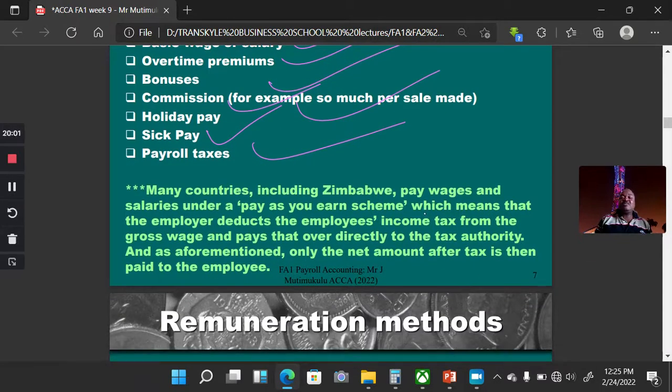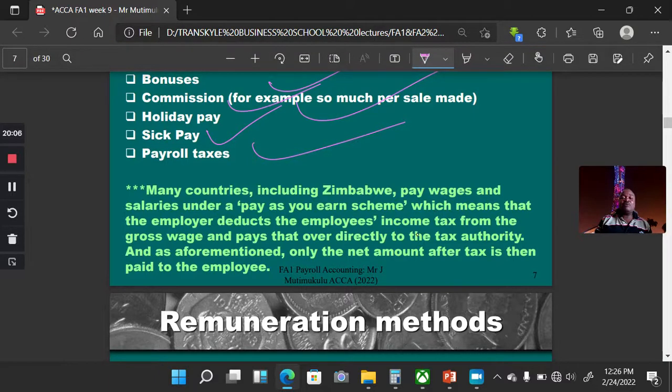Many countries, including Zimbabwe, pay wages and salaries under a pay-as-you-earn scheme, which means that the employer deducts the employee's income tax from the gross wage and pays that over directly to the tax authority. And as aforementioned, only the net amount after tax is then paid to the employee. Please take heed of this.